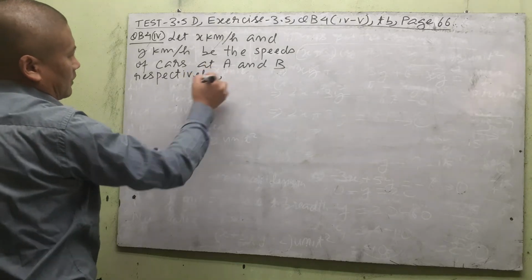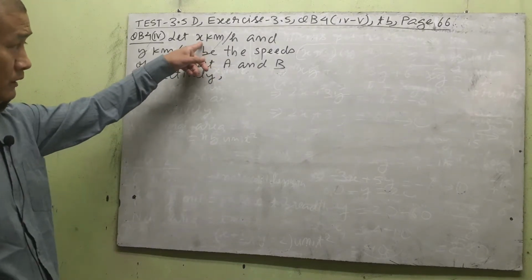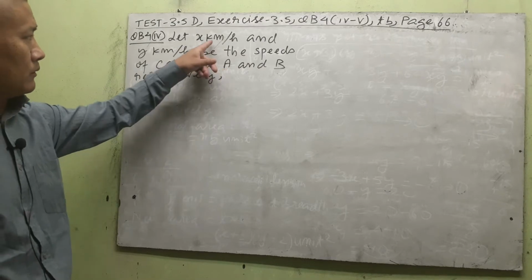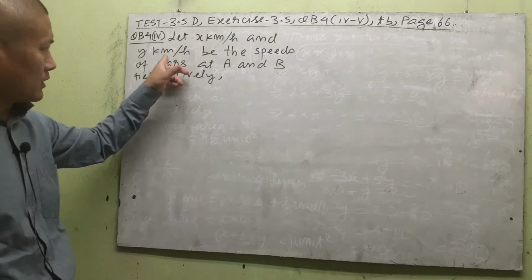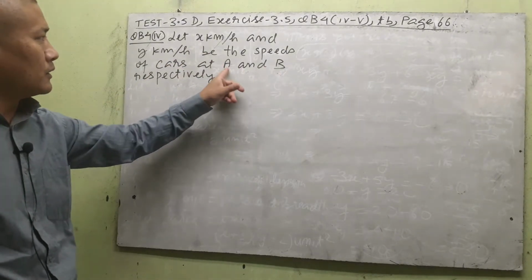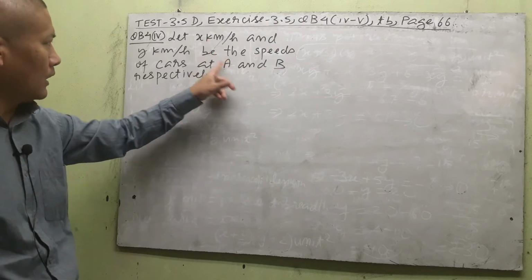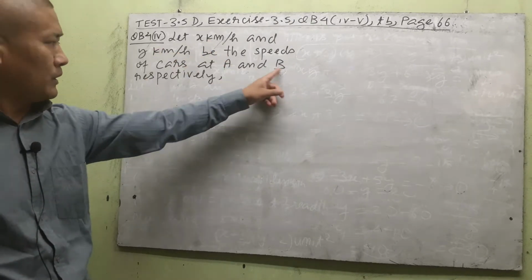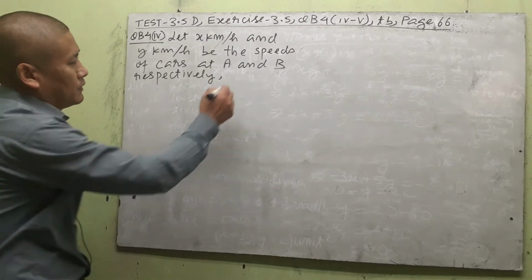We mean that x is the speed of the car at A and y, the second one, is the speed of the car at B. First x for A, y for B, that is the meaning of respectively.